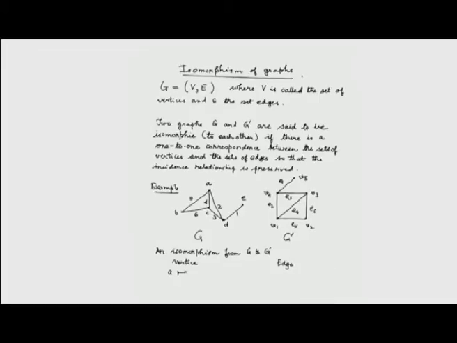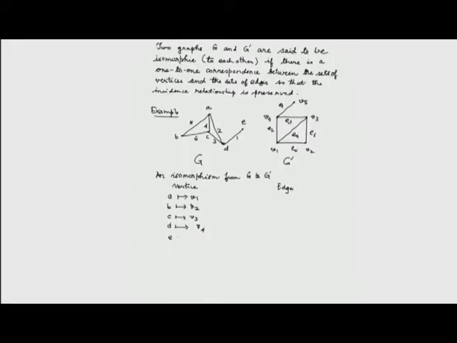So, between the set of vertices we have A map to V1, B map to V2, C map to V3, D map to V4, and E map to V5, and among the set of edges 1 map to E1, 2 map to E2, 3 map to E3, 4 map to E4, and 5 map to E5.